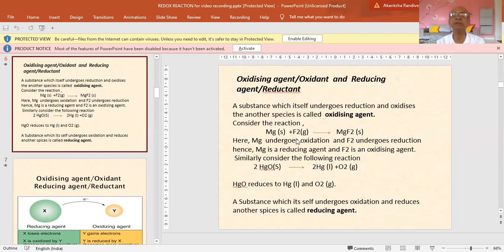Similarly, consider the following reaction. Mercuric oxide, HgO solid, produces Hg and oxygen, O2. In this reaction, HgO reduces to Hg and oxygen.